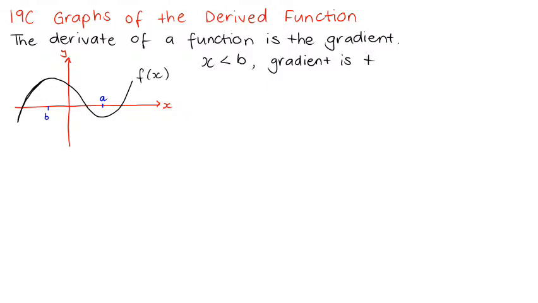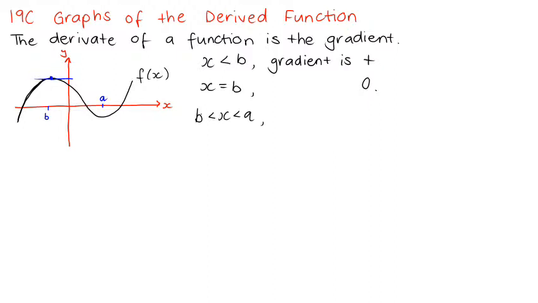If x equals b, what's the gradient? When x equals b, you're at this point here. Yes, 0.